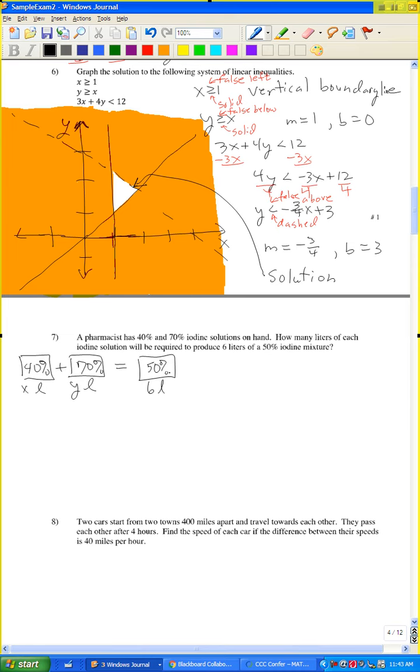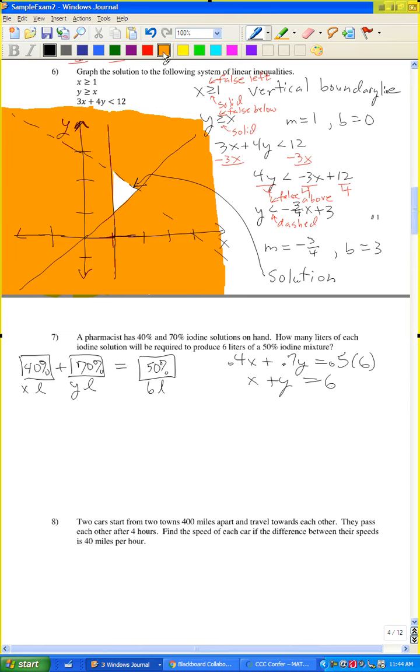Okay, so we get 40% of x plus 70% of y is 50% of 6, and x plus y equals 6.